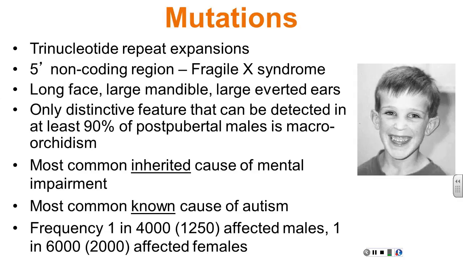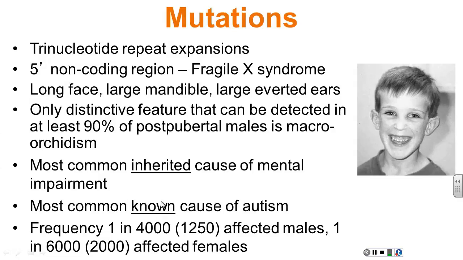It occurs as non-disjunction, and we'll talk about that a little bit later on. But in this case, you actually inherit the mutation from a parent. Now, they could be asymptomatic, and we'll explain why a little bit later on, but at least the pre-mutation was present in the parent.